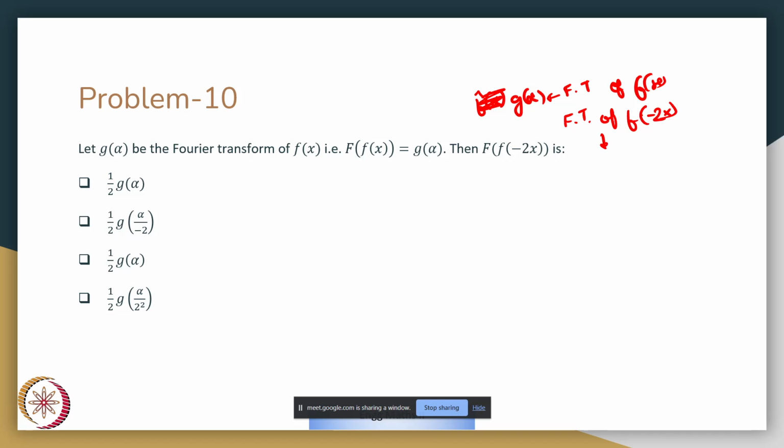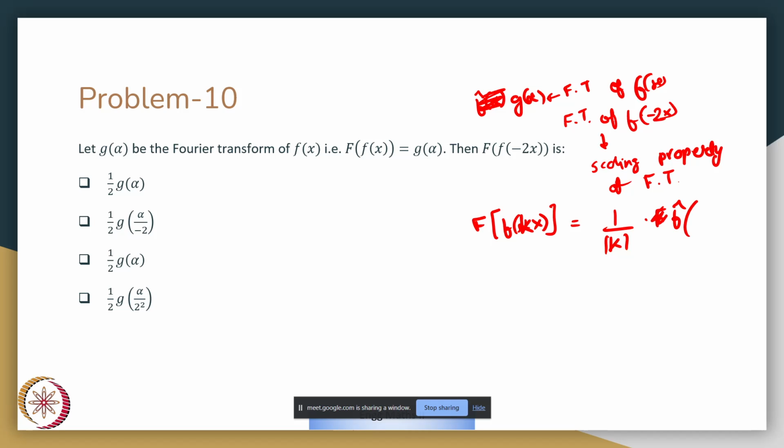The easiest way to do this would be using the scaling property of Fourier transform, which essentially tells us that the transform of f of kx equals 1 by mod of k times f hat of alpha by k.